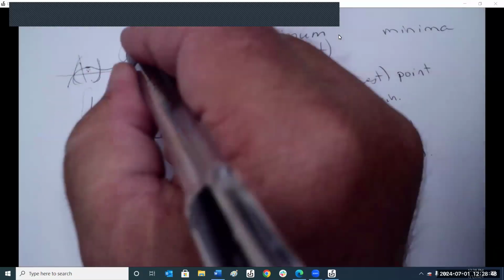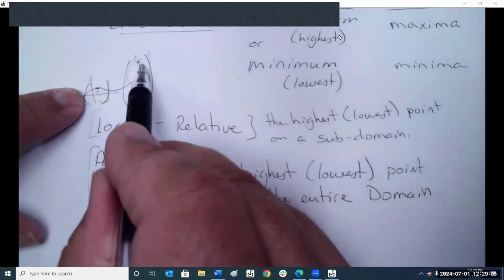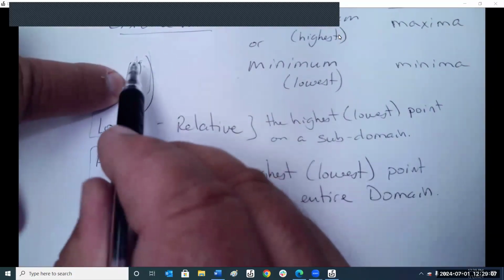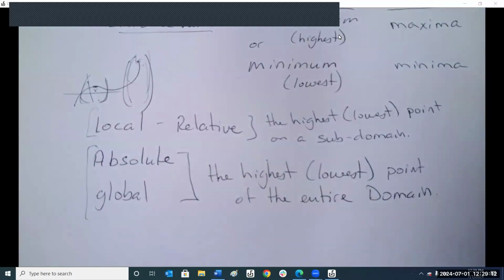You can just cut off the graph. In reality, it's the local. So if this is the absolute one, and I do an even smaller one, it's still going to be the absolute, but now it's called a relative because now I took a smaller domain.